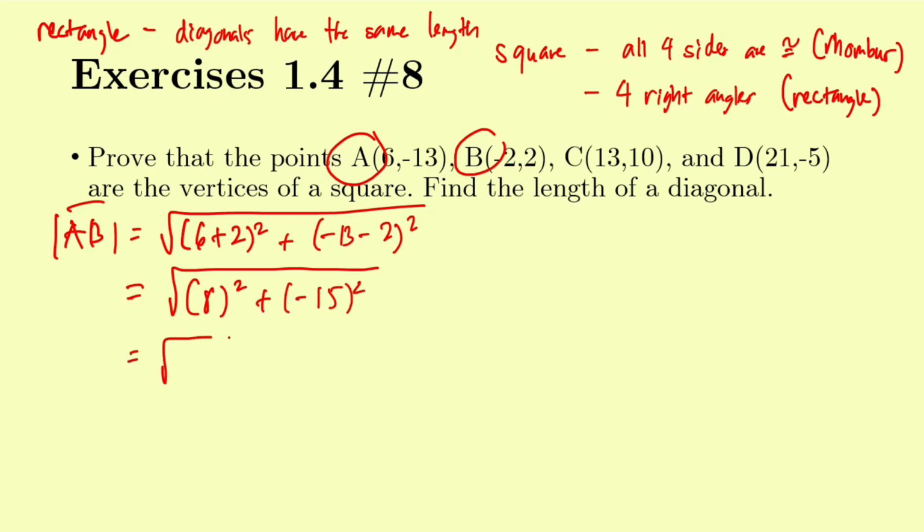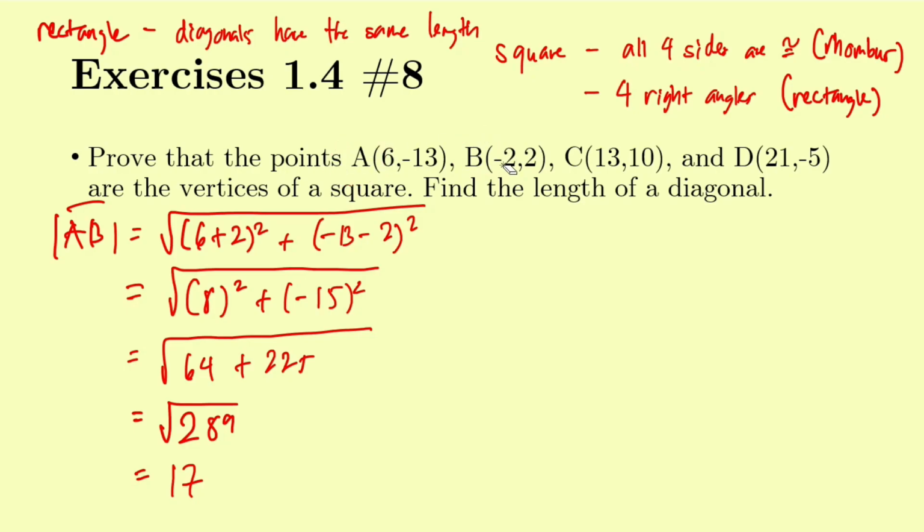And that is equal to square root of 64 plus 225, totaling to square root of 289 or simply 17. So, nagkataon na ang ating sum is a perfect square, so 17 yung square root niya. Let's compare that with the others. Kailangan lahat ng mga sides natin ay 17. So, that's for side AB.